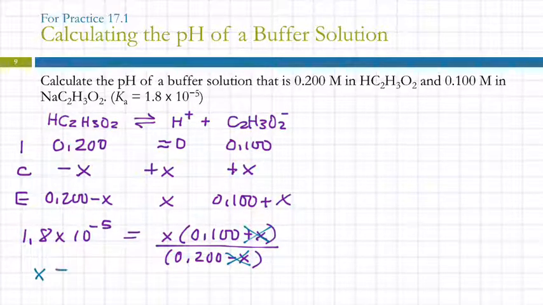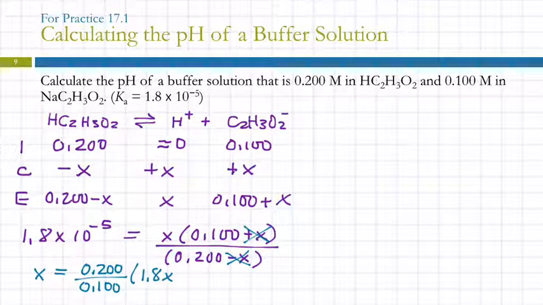So X is small, tells us that X would be equal to 0.2 over 0.1 times Ka. So 3.6 times 10 to the minus 5.